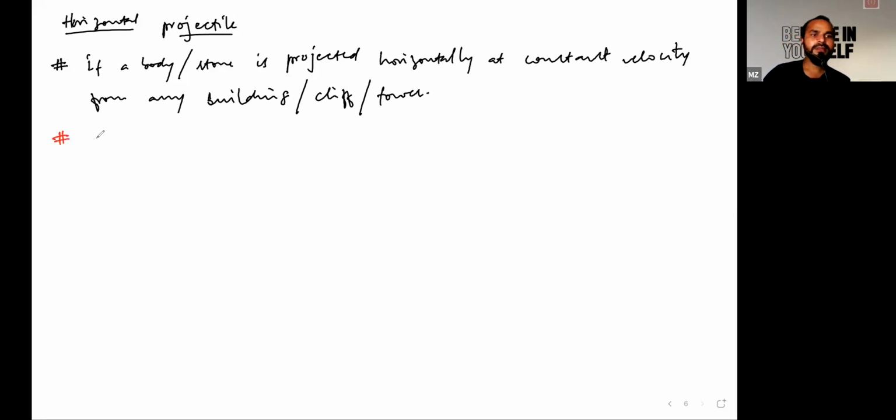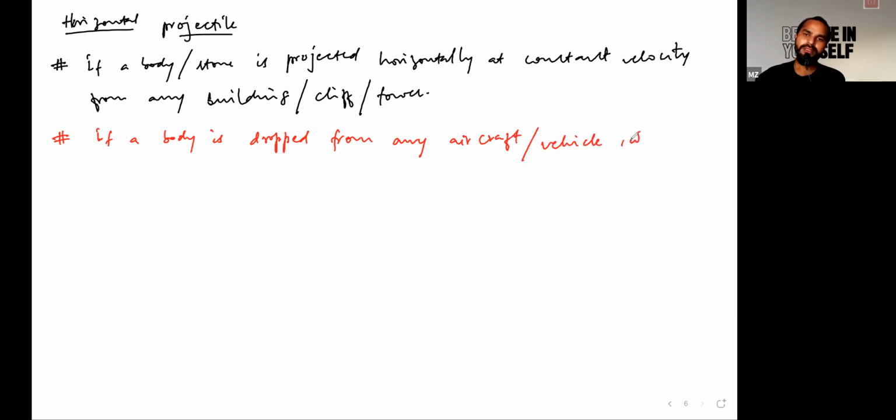Or it may be if a body is dropped from any aircraft or vehicle which is moving horizontally at constant velocity.